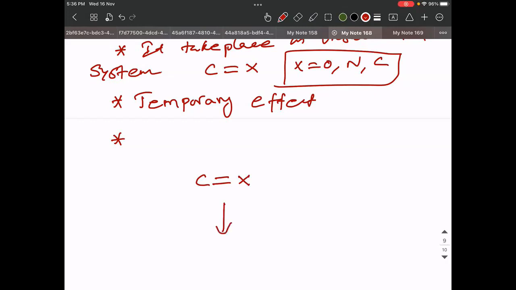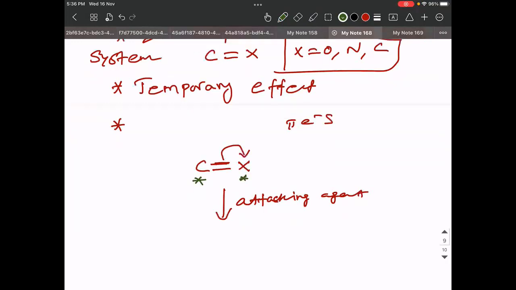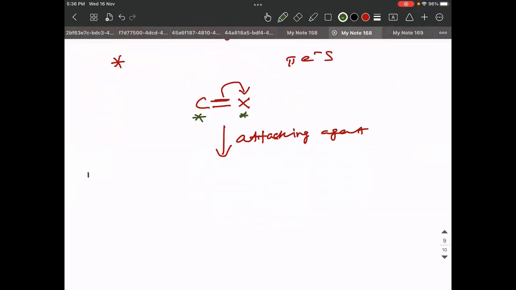When you add the attacking agent, the paired electron is the pi electron. How is the pi electron shifted? If it is shifted like this, then the reagent attacks over here or here. You have two chances. The reagent may attack over here or here. Based on where it attacks, the effect will be twofold. First, we will see the plus E effect.